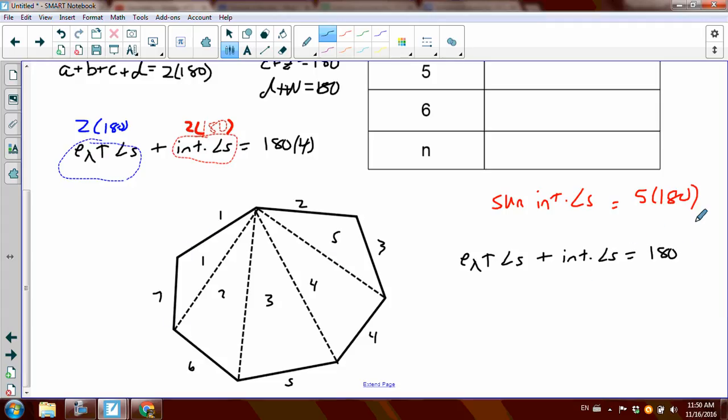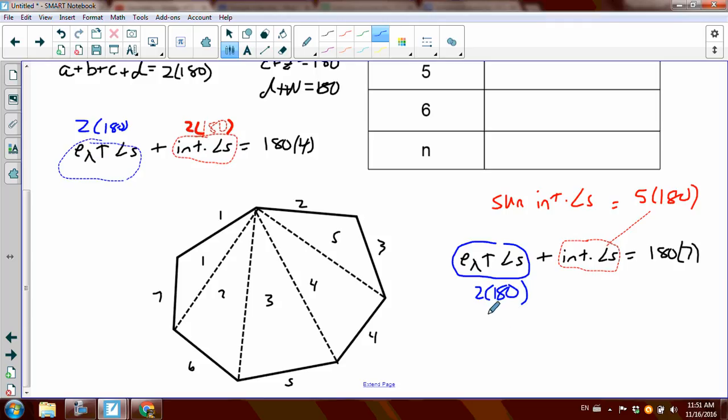It's got 7 vertices, so it's going to have 7 linear pairs. Okay, the interior angles, that's 5 times 180. And interiors and exteriors, you've got 7 linear pairs. So what does that leave for the exteriors? It leaves 2 times 180.